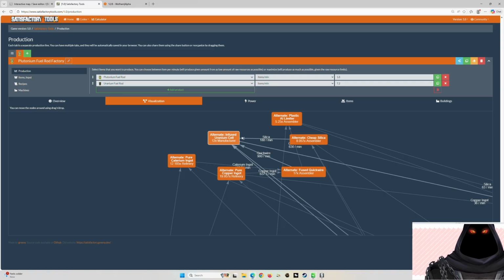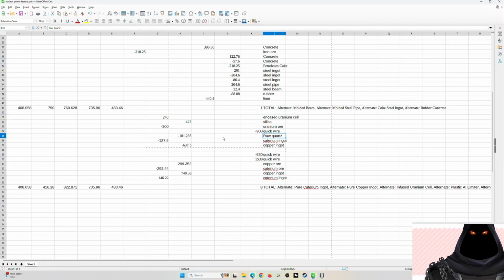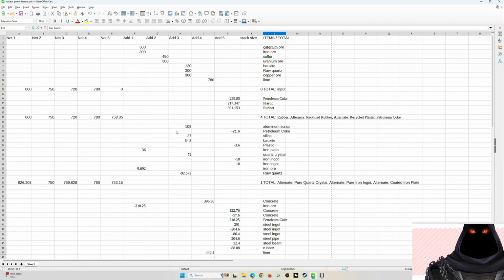Oh, we need sulfur. Whoops. So we need 300 sulfur. Yeah, that's gonna be a massive drop.